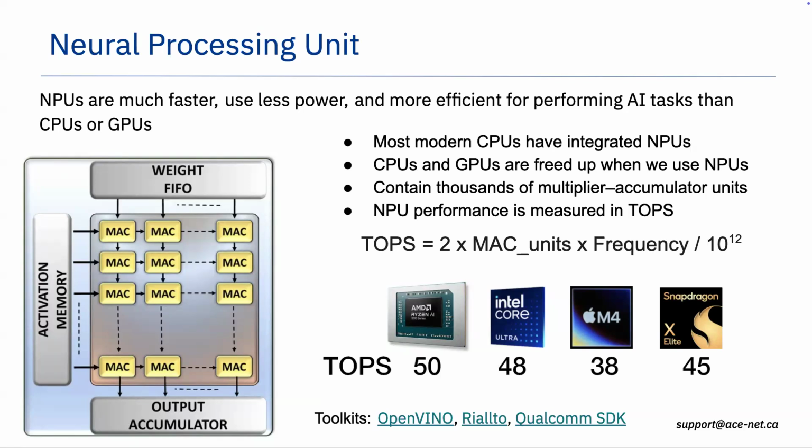The operation is performed by multiplying the corresponding elements of each matrix together and accumulating the results. So in order to perform this computation efficiently, NPUs have a large number of specialized multiplier accumulator units, or MAC. A MAC unit can execute both operations in a single clock cycle.